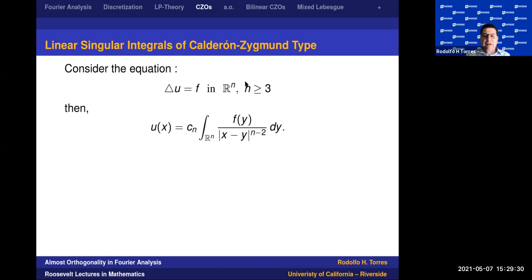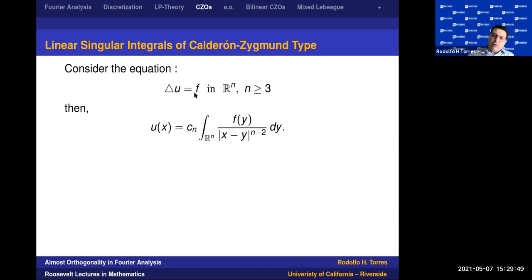So for simplicity, let me just fix n larger than 3. And you can represent the solution through this integral. You are integrating the function f(y), or convolving, with this kernel, 1 over x minus y to the power n minus 2.